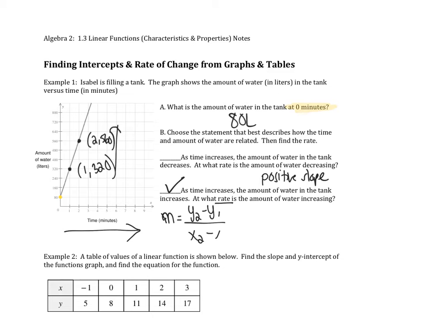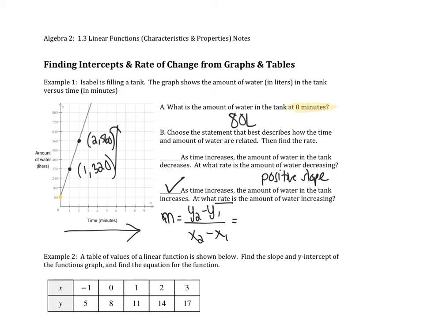You may recall that in order to find the slope or the rate in an equation, you're going to use y2 minus y1 over x2 minus x1, which is the slope formula. If we use the ordered pairs that I found on the graph, we can calculate what the rate is.